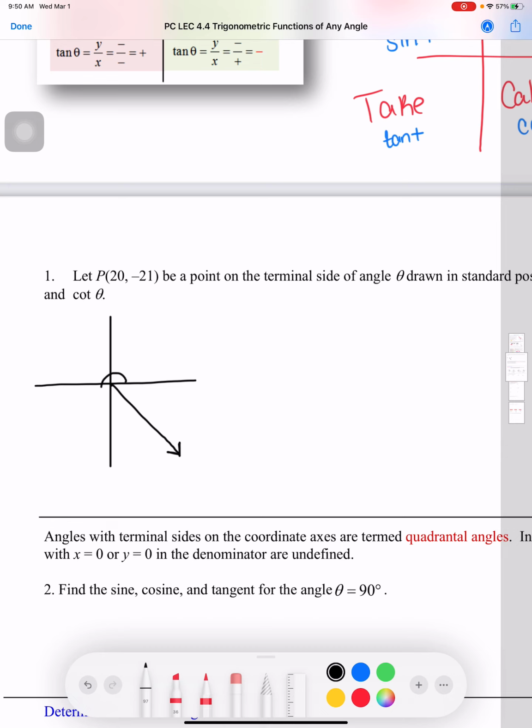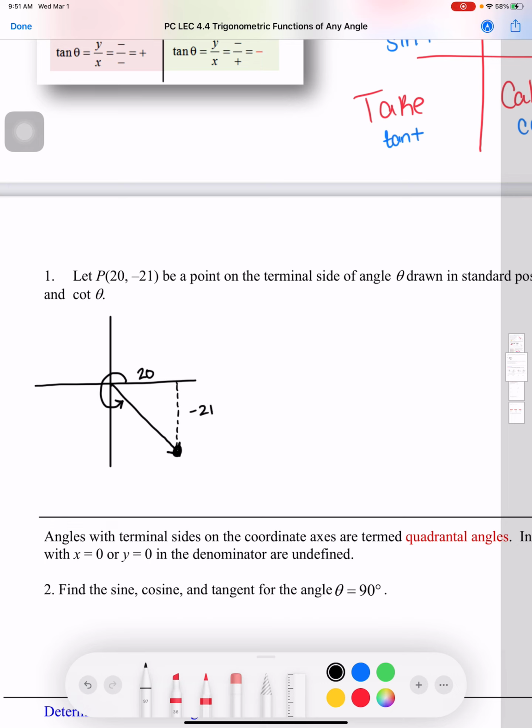So the angle actually went around that way. But what I know is that the point could be right there. The distance here is 20, and the distance down is negative 21. So I can sketch that out.